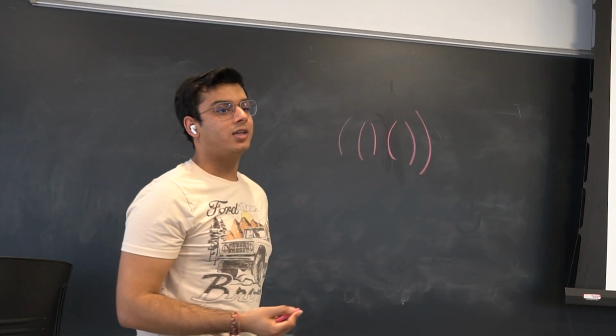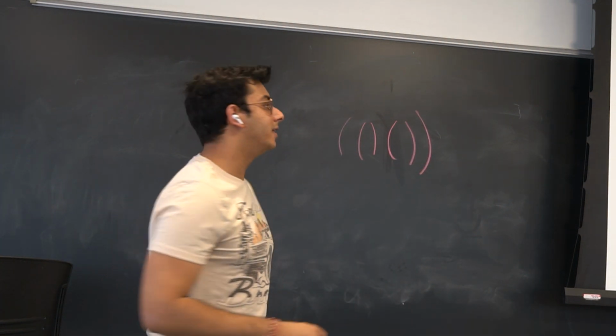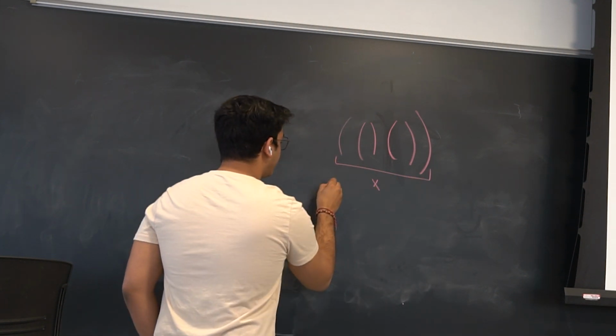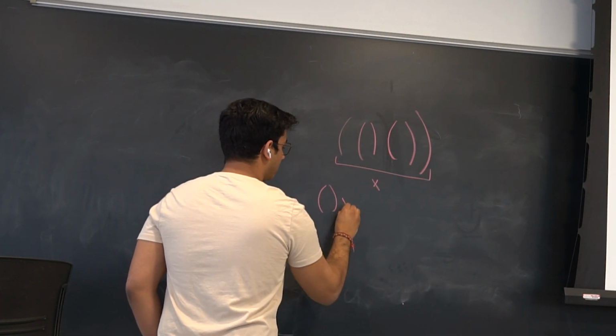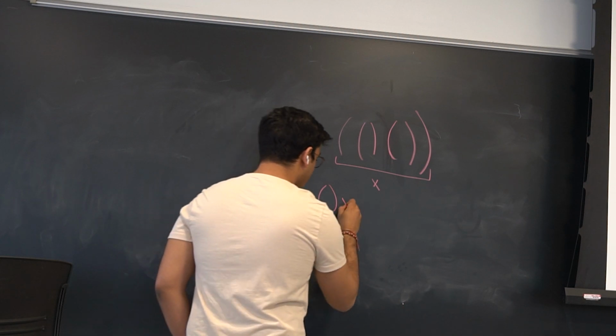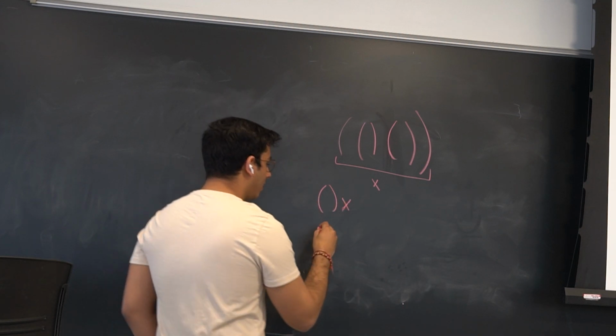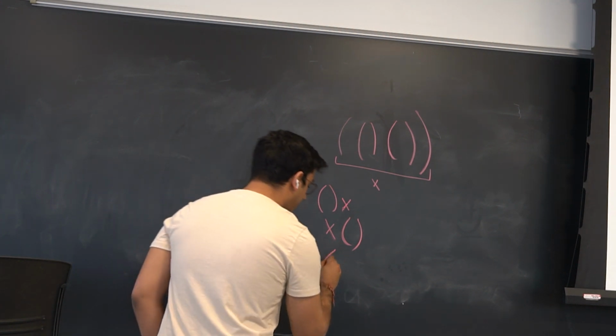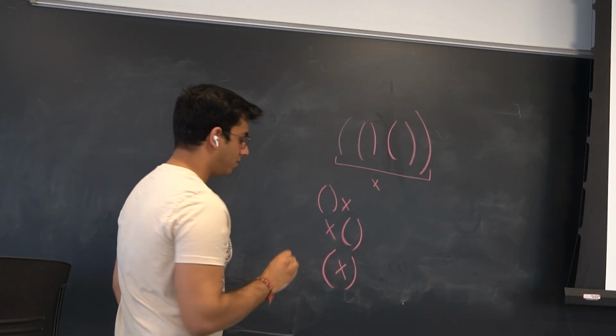What can we add on to keep this properly nested? Well, there's three options. If this is my x, I can add this on, or I can add this on, right?